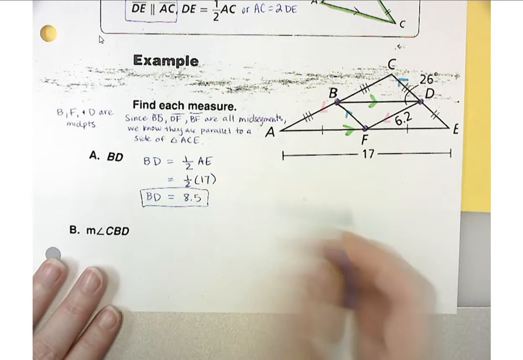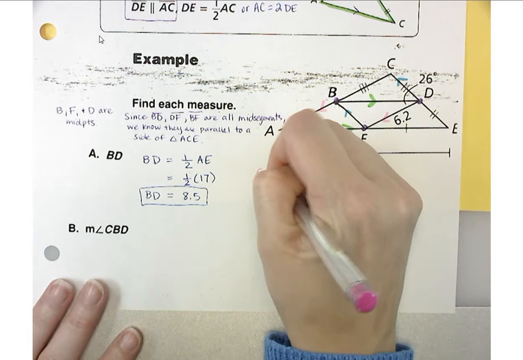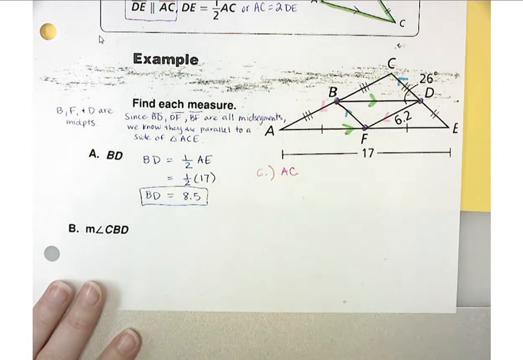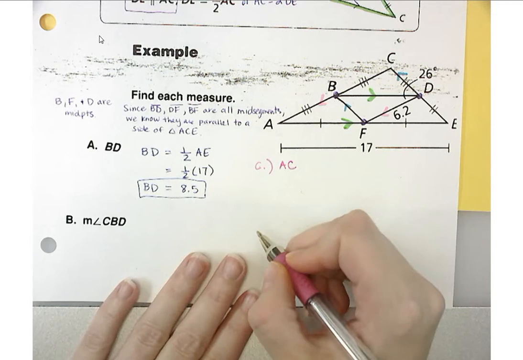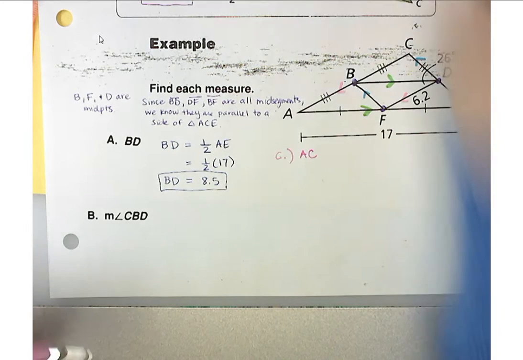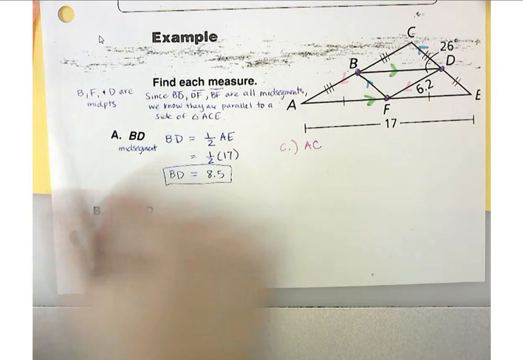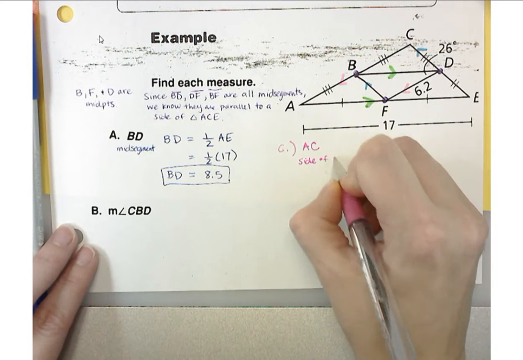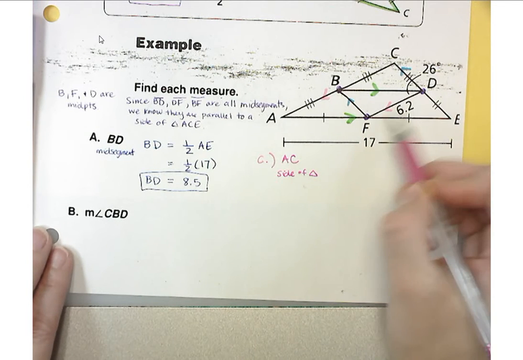I'm actually going to add another question in here. We'll call this part C. Let's find AC. AC is a side of the triangle. For BD, this was a midsegment. This is a side of the triangle. So we know that AC is going to be compared to this length because they're parallel.